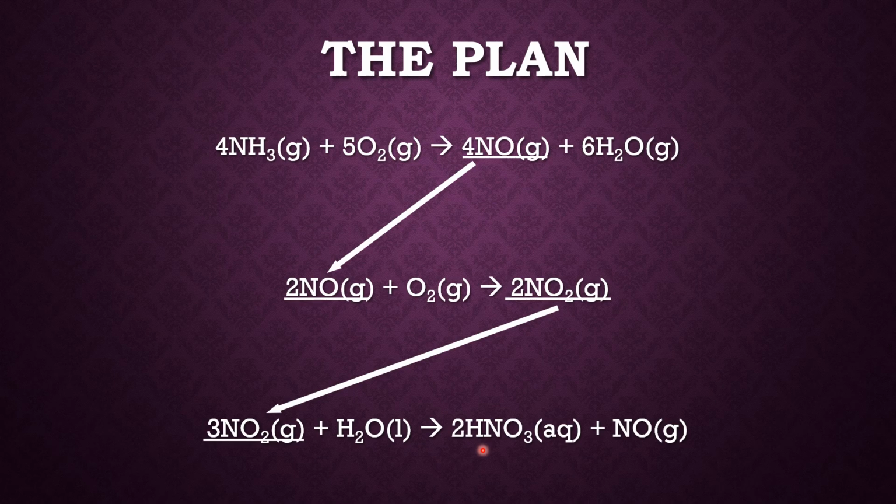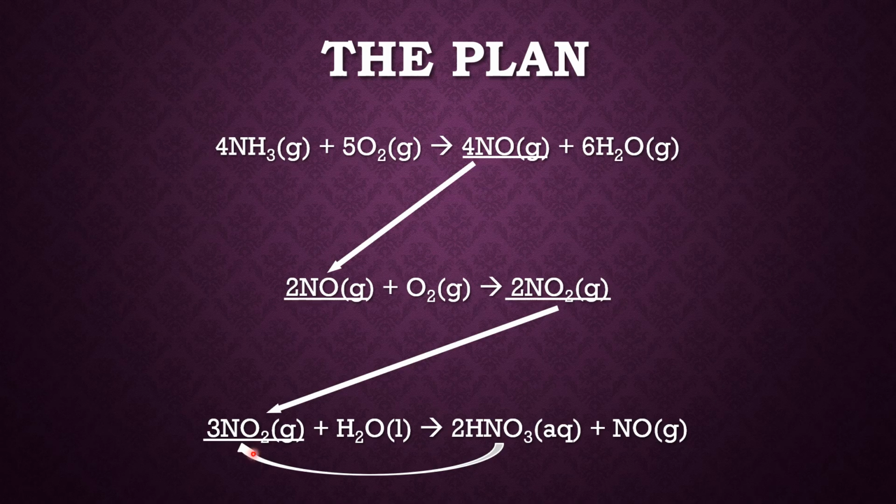Okay, so we start here with how much hydrogen nitrate that we need. In order to figure out how much ammonia we need to use to produce that much hydrogen nitrate, that was 1 times 10 to the 6 kilograms of this, we'll have to work backwards. So we need to first figure out how much nitrogen dioxide is used to make that.